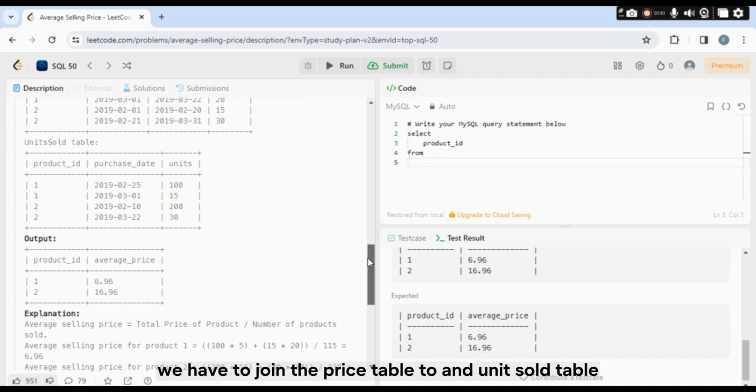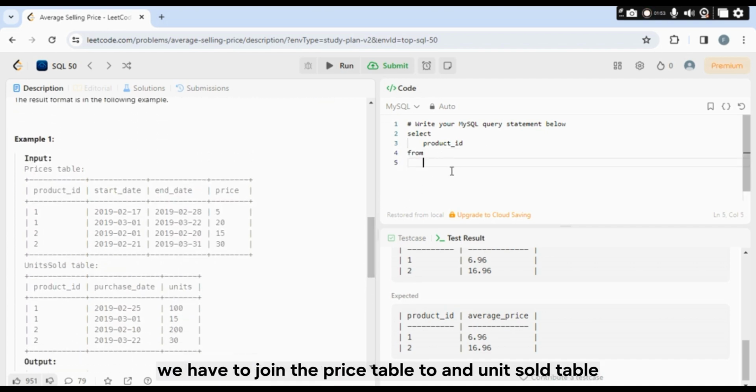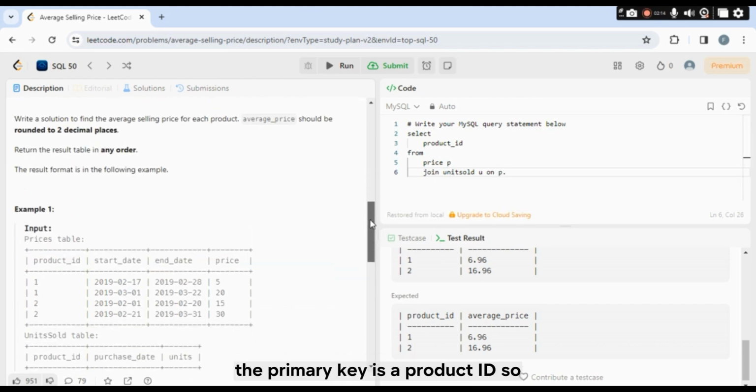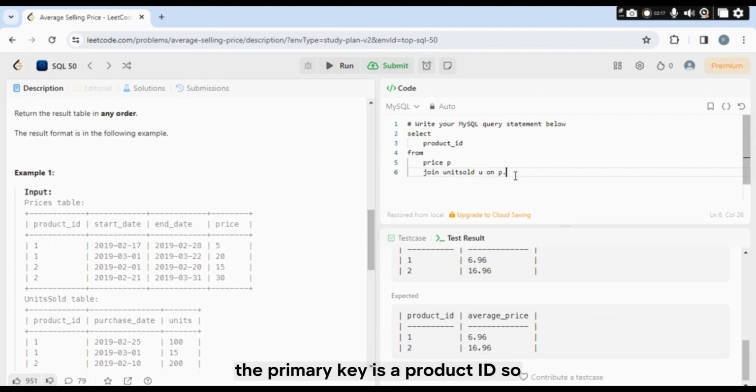We have to join the Prices table to the UnitsSold table. Prices join UnitsSold on product ID. The key is product ID, so we use the product ID to join the Prices table and the UnitsSold table.